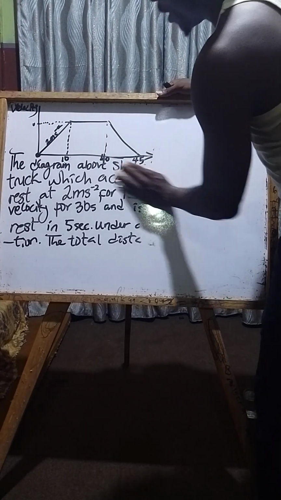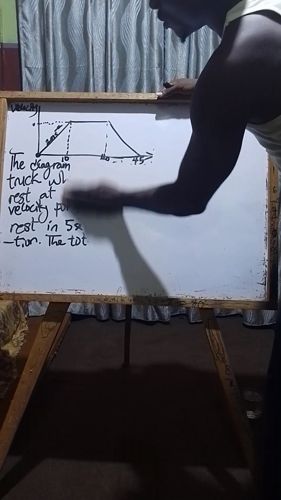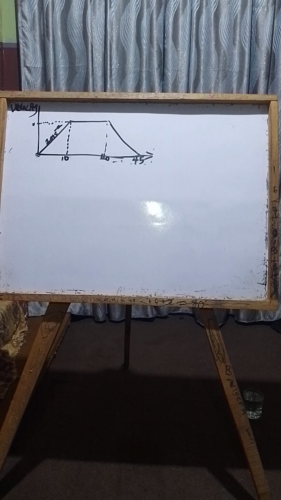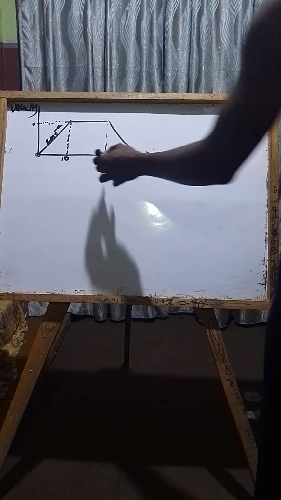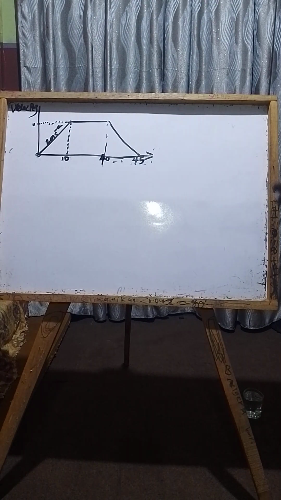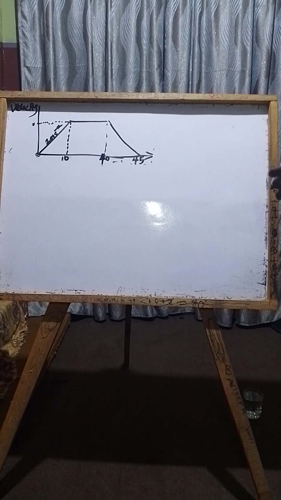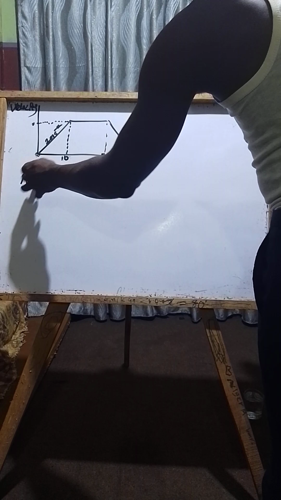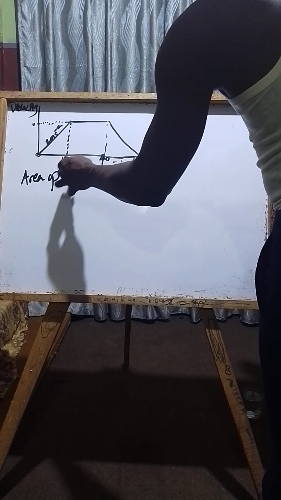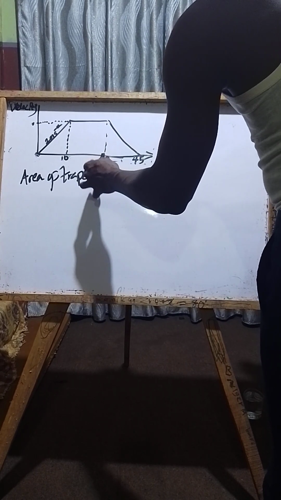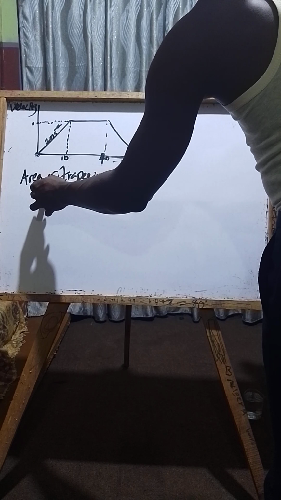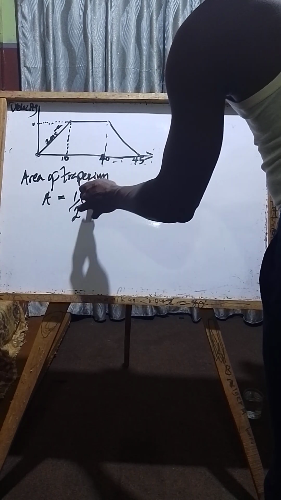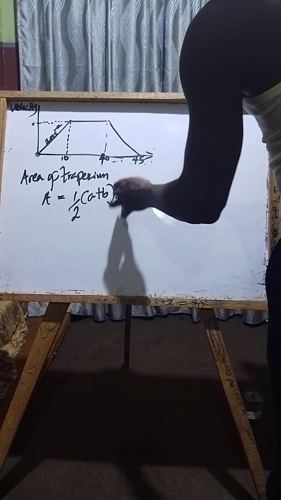You use the shape of the graph. That's how you use it. And what kind of shape do we have here? We have a trapezium, and the area of a trapezium is half the sum of parallel sides, a plus b, times h.